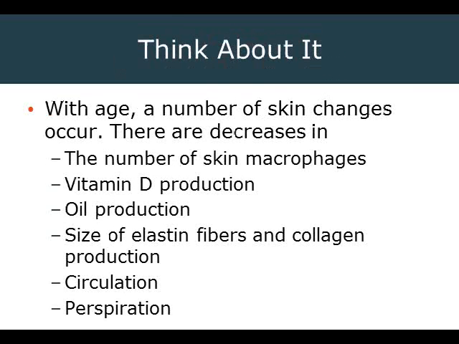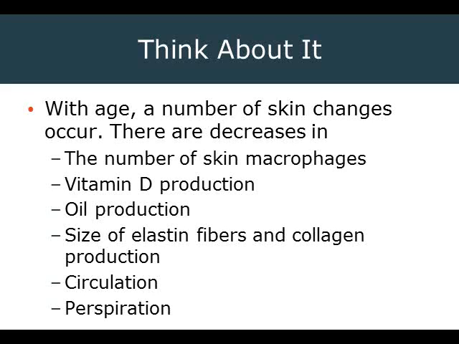Okay, and as we change, the number of our skin cells change. They decrease. The number of skin macrophages, vitamin D production, oil production, the size of the elastin fibers and collagen production, circulation decreases, perspiration decreases. So all of these things take a toll on our skin, hence the reason why we start to see things like age spots show up because we don't maybe have macrophages to break down some of these oddballs.